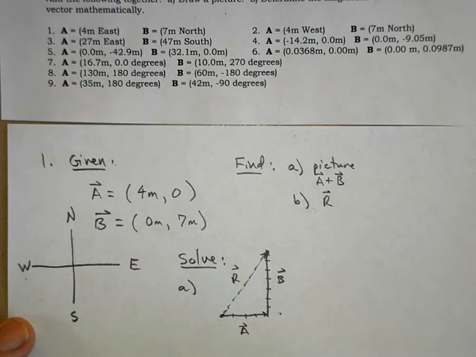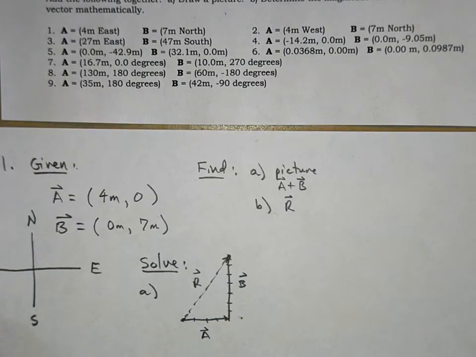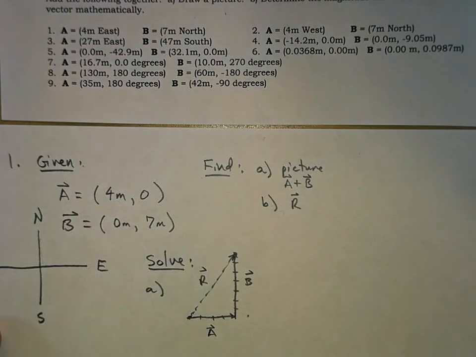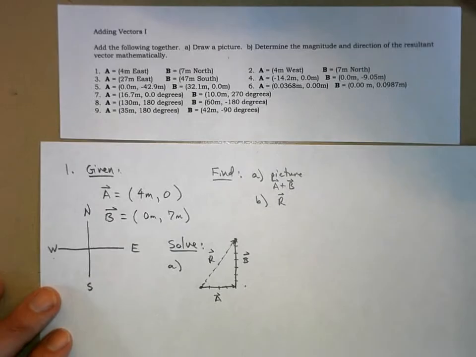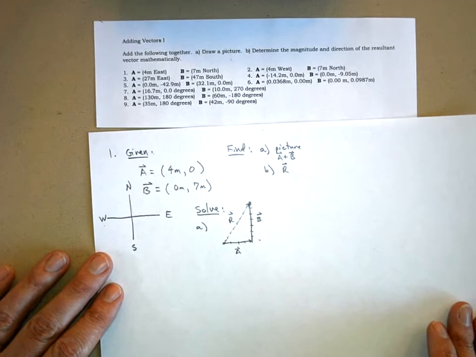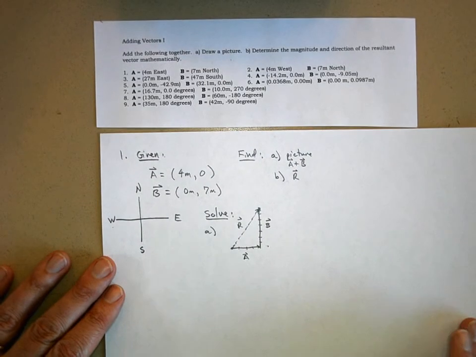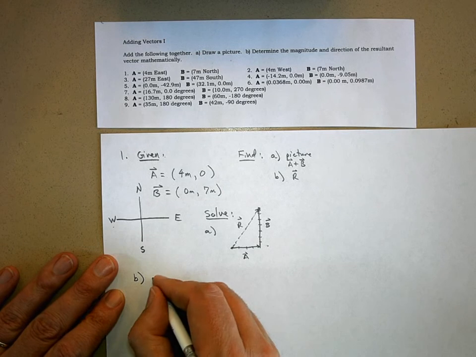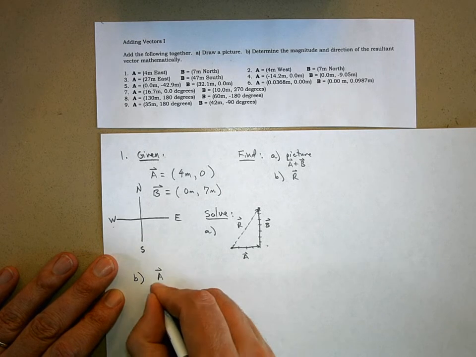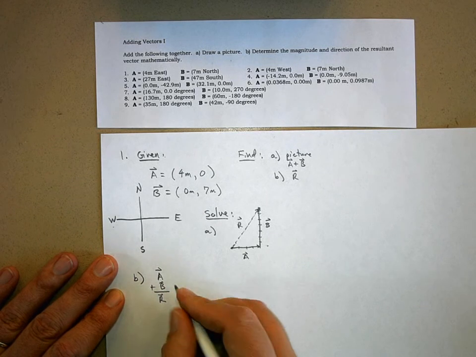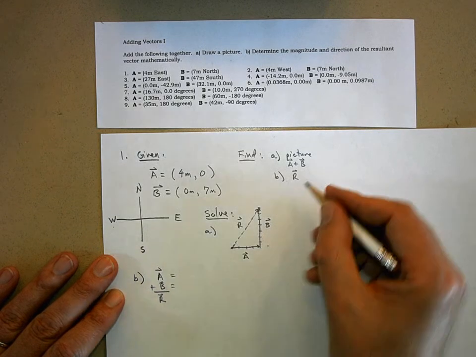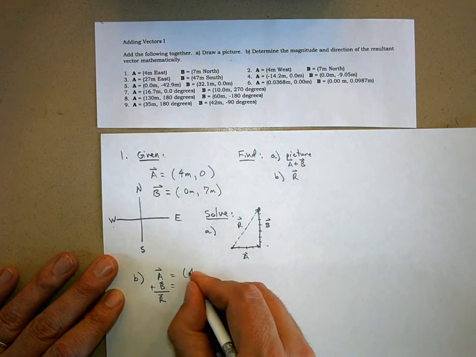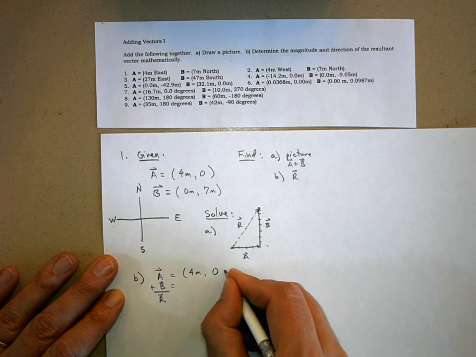Now, let's do it mathematically. Maybe I could, let me zoom out a little bit. So here's B. So A plus B equals R. Now A is 4 meters, 0 meters.